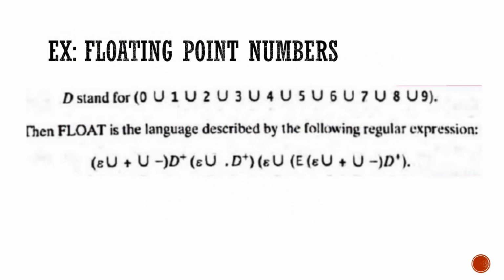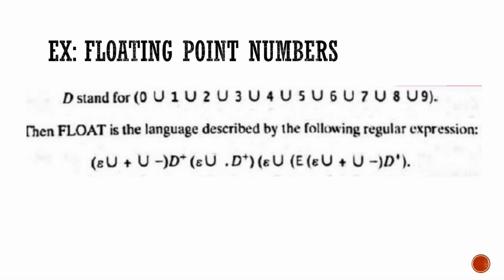Now the floating point numbers. Let D be 0 union 1 union 2 union 3 like that, union 9. Then for the floating point number, first will be your sign. The sign can be plus or minus, or the sign is not there, that is epsilon.